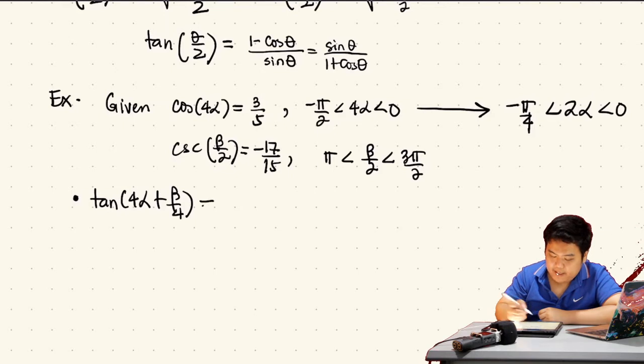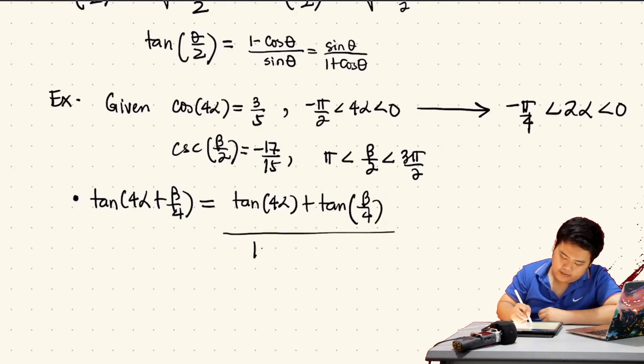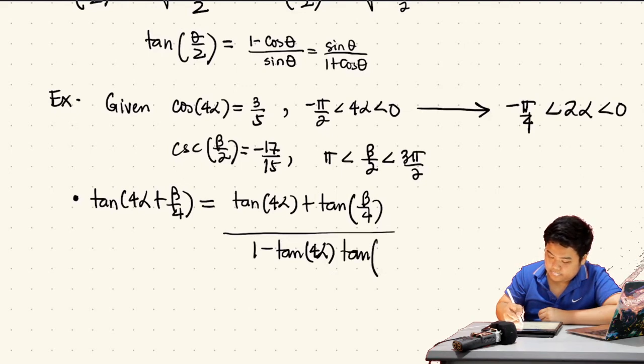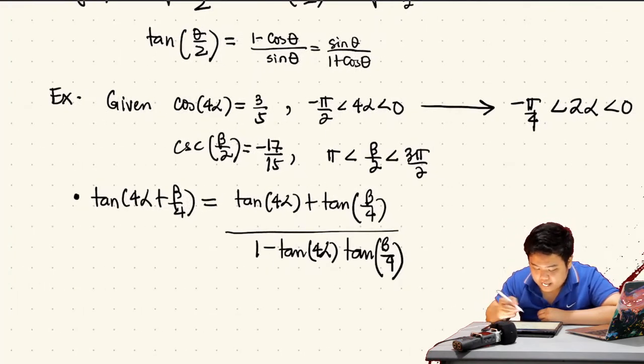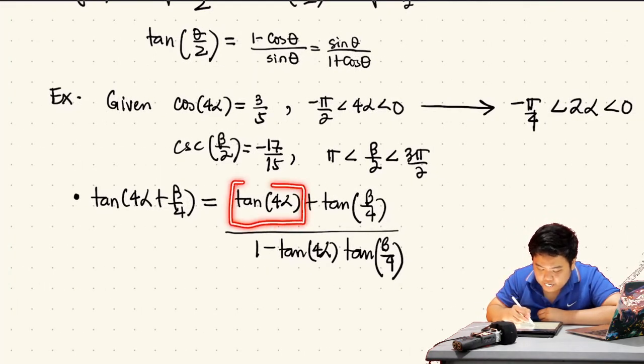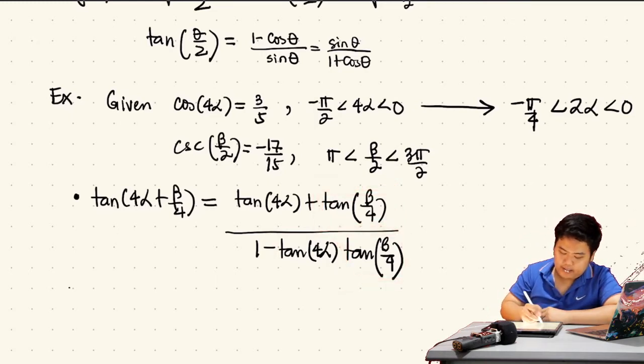So, sabi ng some identities natin, this is tangent nung nauna plus tangent nung pangalawa, all over 1 minus tangent ng product nila. Okay, so medyo marami-rami tayong kailangan, no? Kailangan natin ng tangent 4 alpha tsaka tangent beta over 4. So, isa-isayin natin ha.